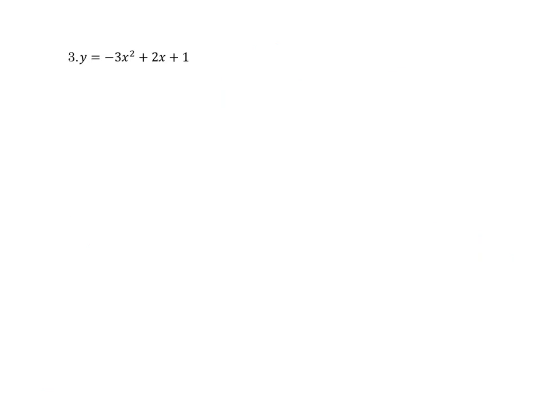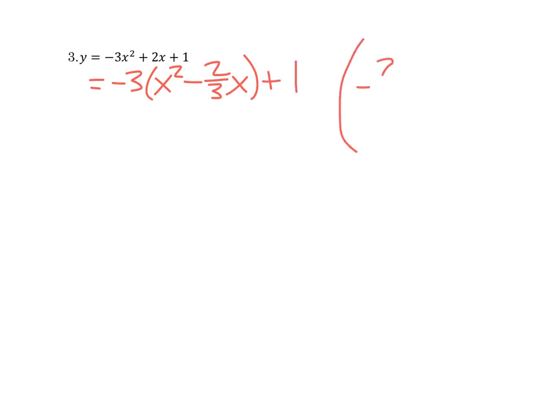In our last example, you'll notice that the a value is negative 3. If I common factor out that negative 3 from the first two terms, I'm left with x squared minus 2/3 x inside my bracket. The next step is to take half of negative 2/3.